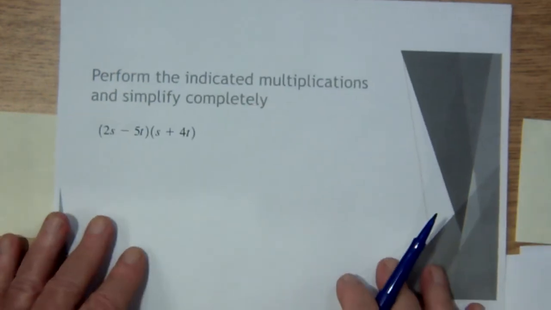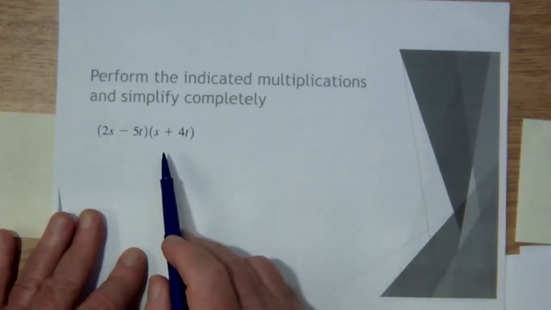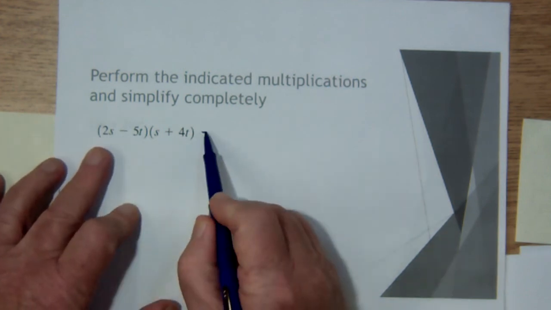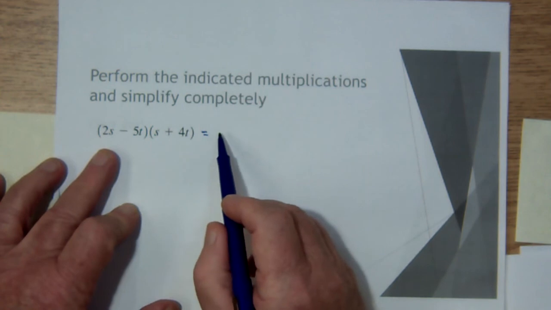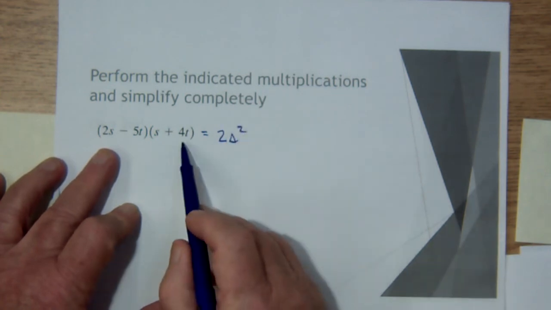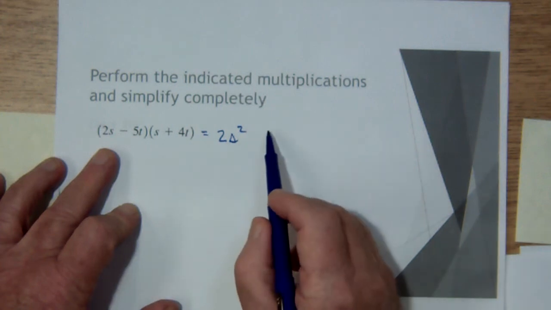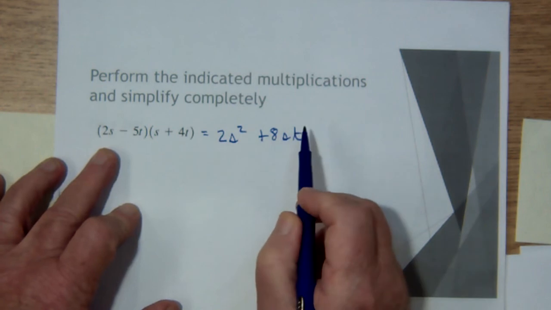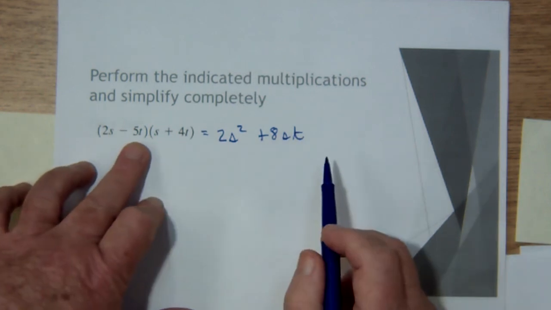Now what we're going to do is multiply a binomial by a binomial, so we're going to use the distributive property twice. So the first thing is we take 2s times s to get 2s squared, and then we take the 2s times the 4t, giving us 8st. Now we move to the next term. This is minus 5t.